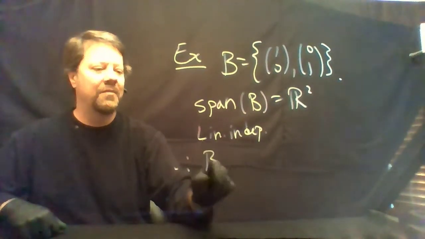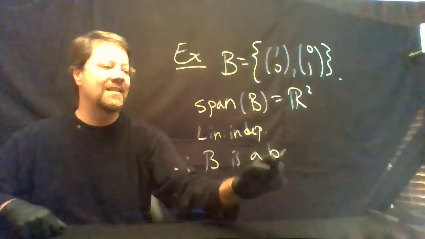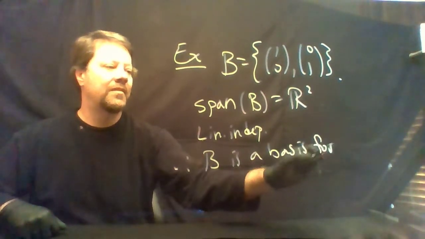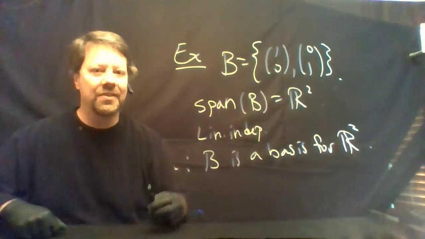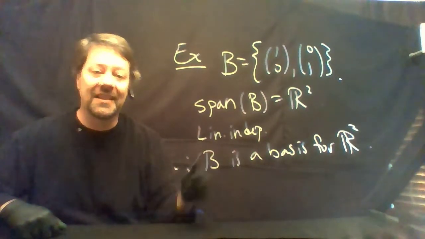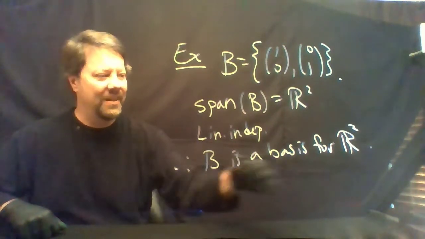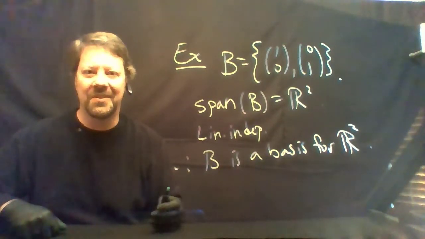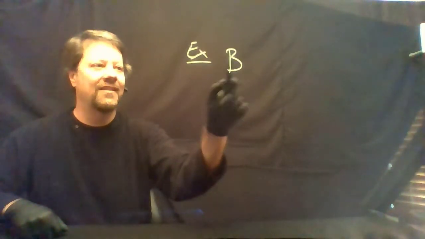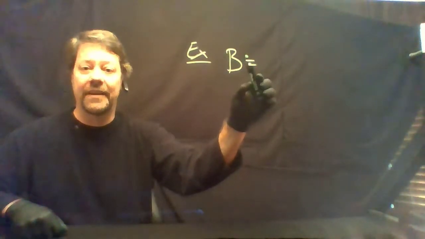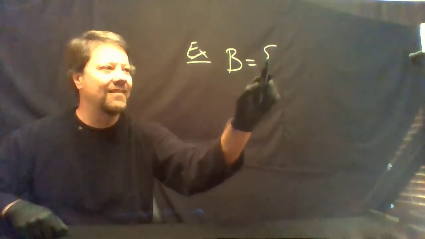Therefore, B is a basis for R2. With these two vectors alone and the ability to calculate linear combinations, we can construct every other vector in R2. However, I should caution that a basis for a vector space is not unique.